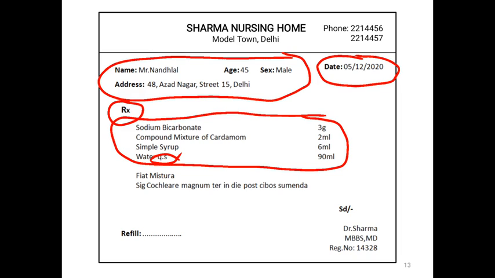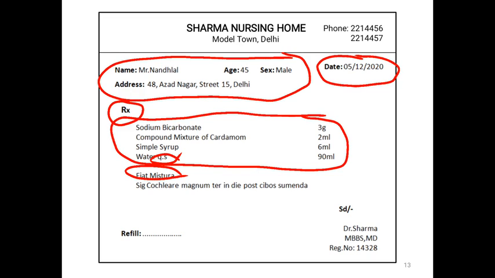So this fiat mistura is also a Latin term, which means mix to make a mixture, that is the subscription. Then sic cochlear magnum ter indite post cibos sumenda, it is the signatura.